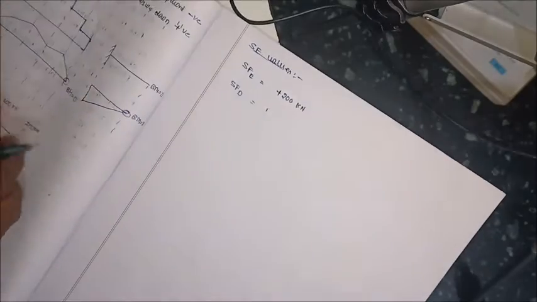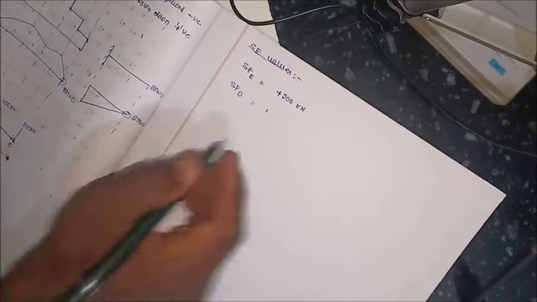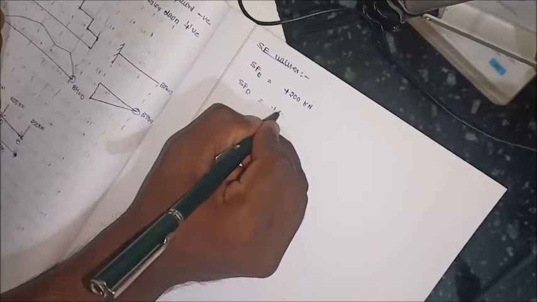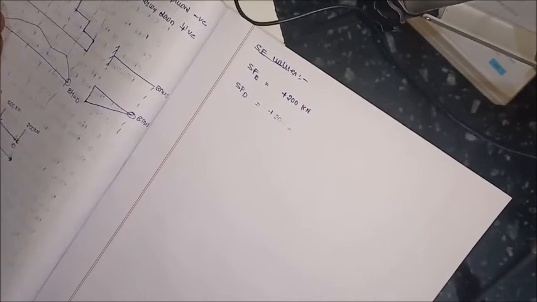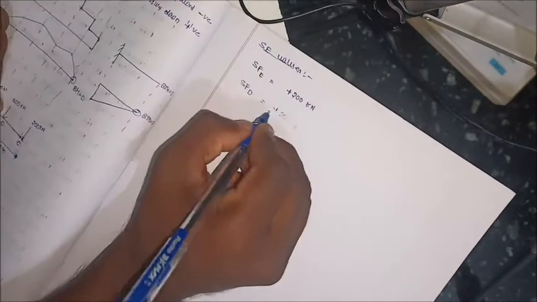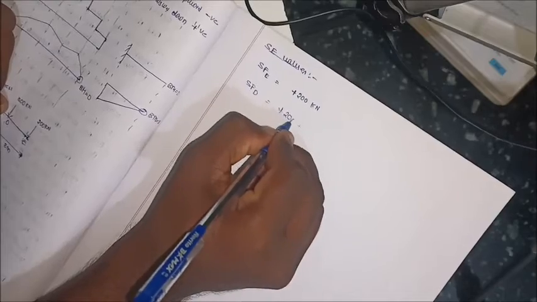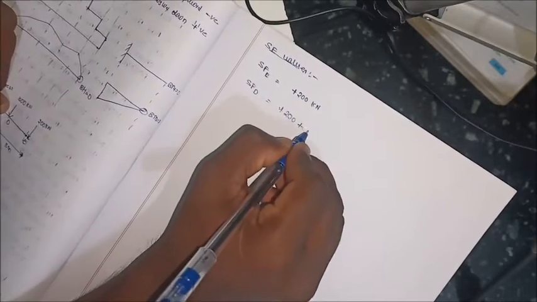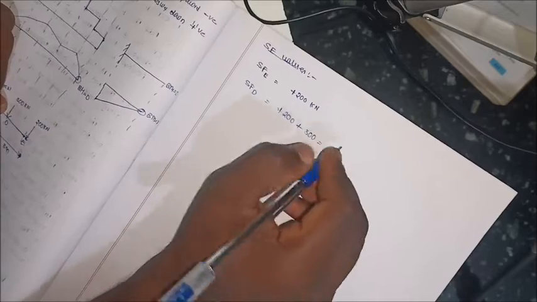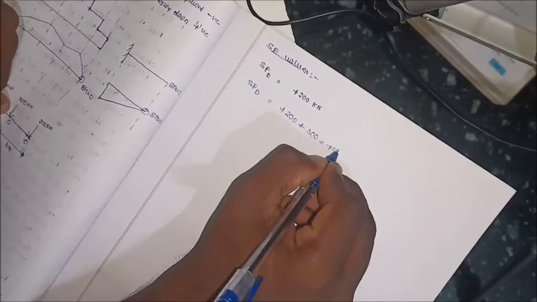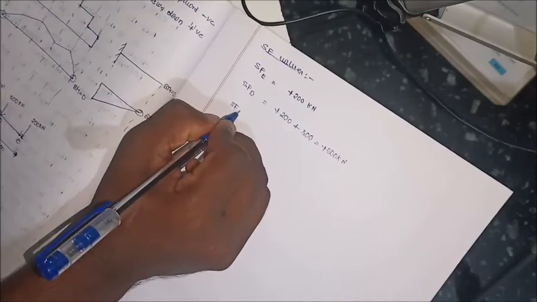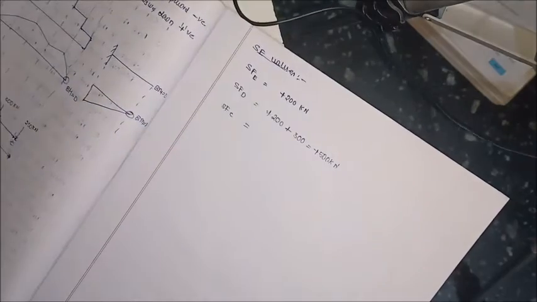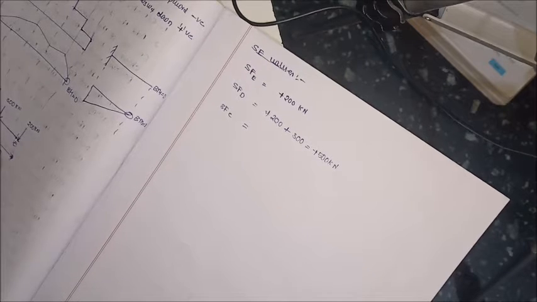Downward forces are positive to the right of the section, so plus 200 plus 300, totally 500 kilonewtons.